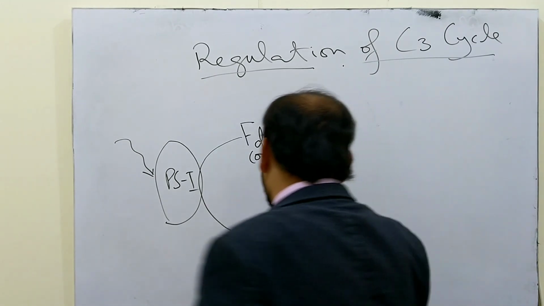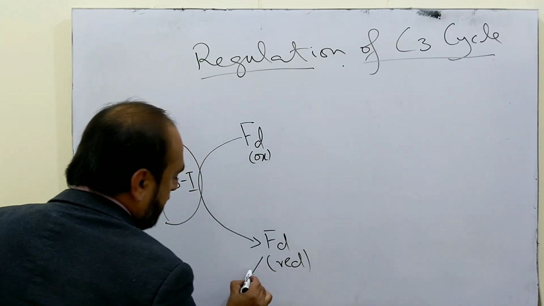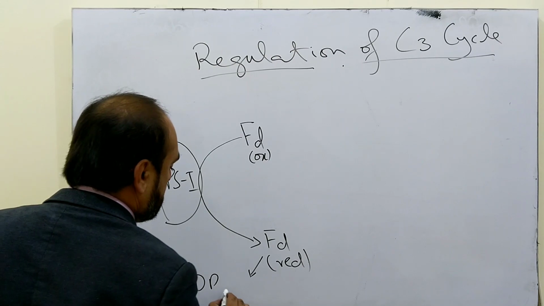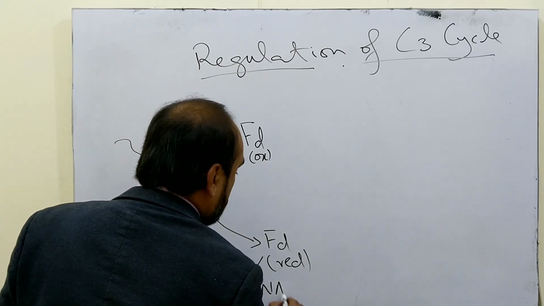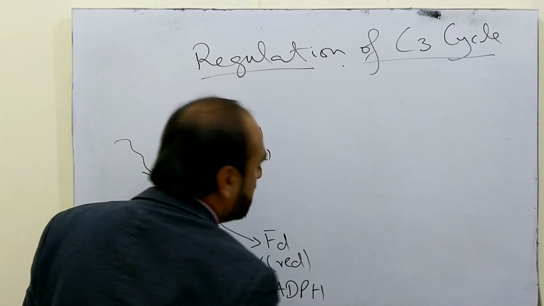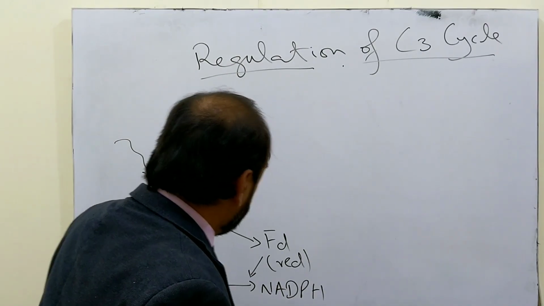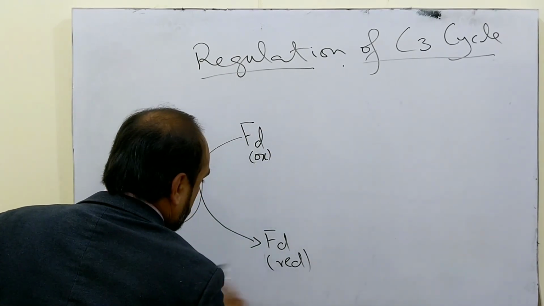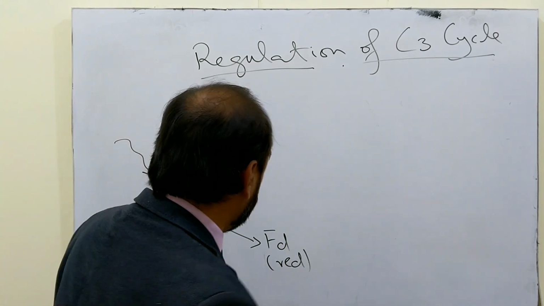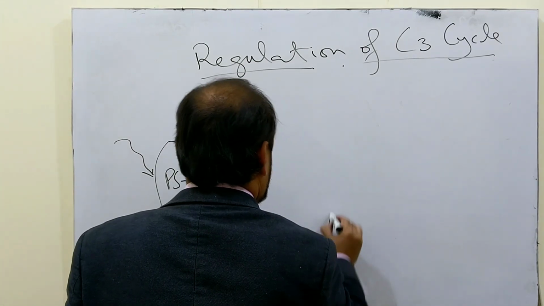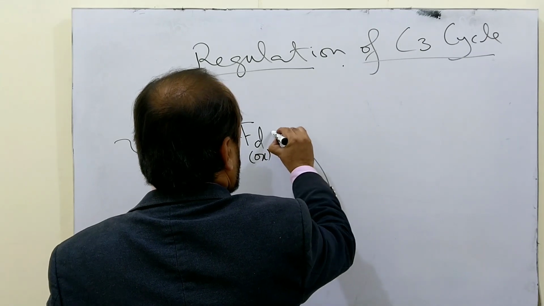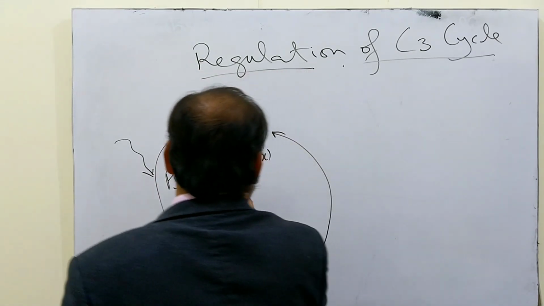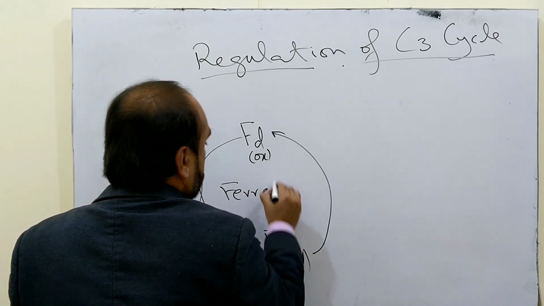This ferredoxin can transfer now its electrons to NADP, as we discussed in the light reaction, and make NADPH. But there is another way. This ferredoxin can transfer its electrons.